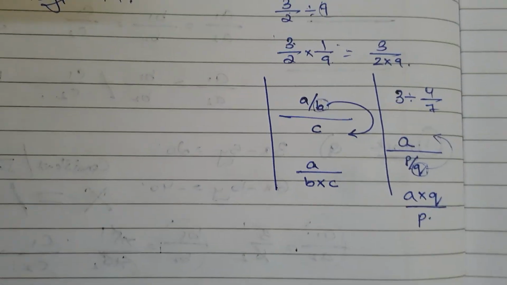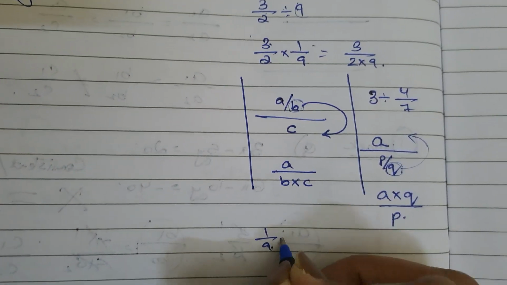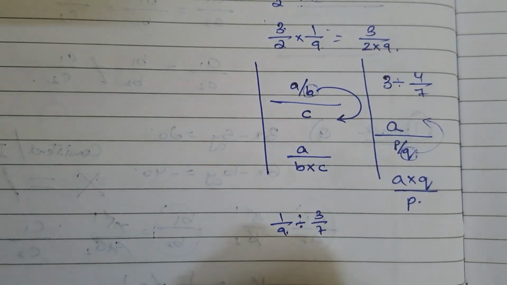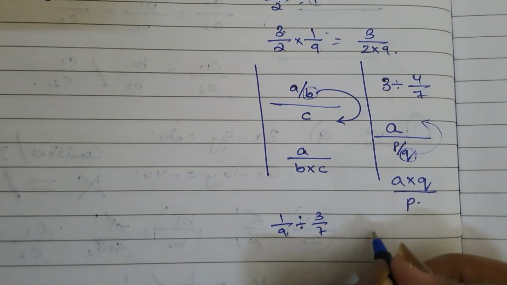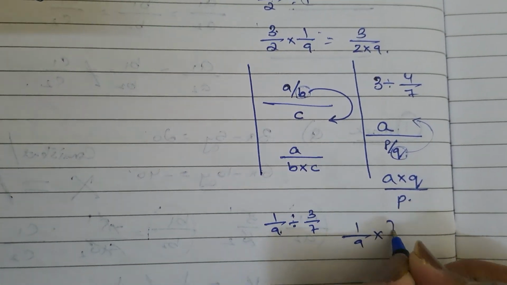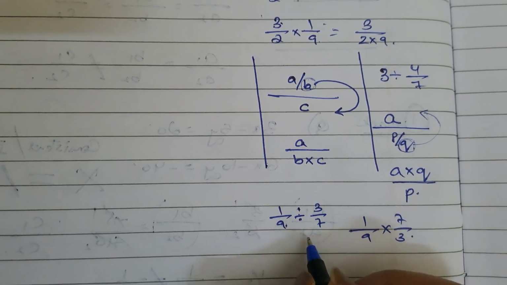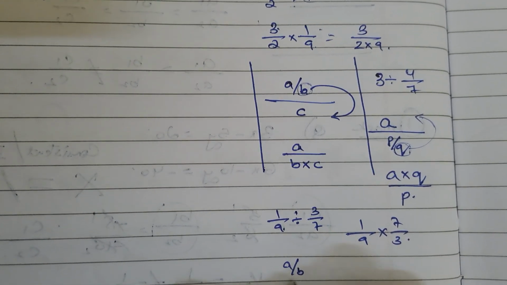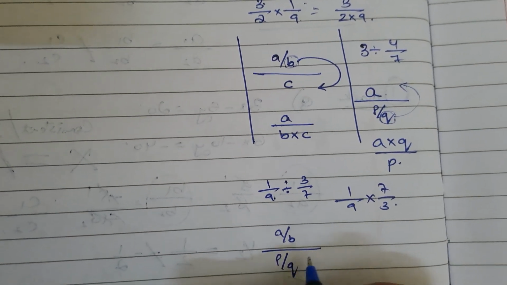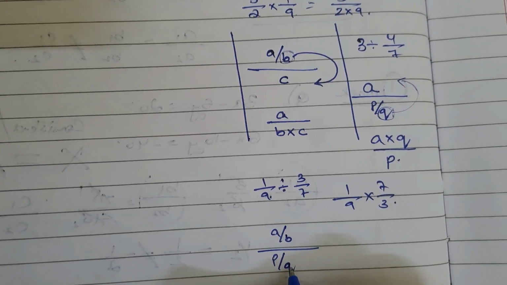Let's take into consideration 1 by 9 divided by 3 upon 7. Fraction and fraction. Normally I would do 1 by 9 times the reciprocal, 7 upon 3. But in the examination it's like a by b divided by p by q. a by b is one fraction and p by q is another fraction.